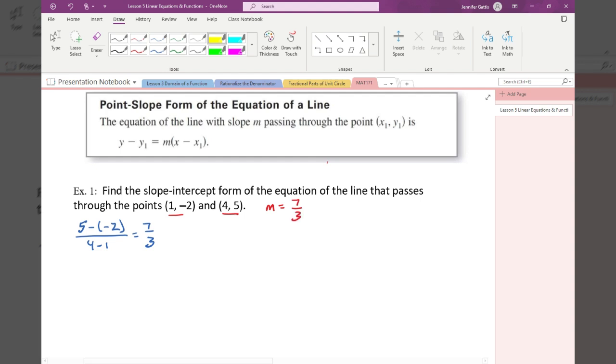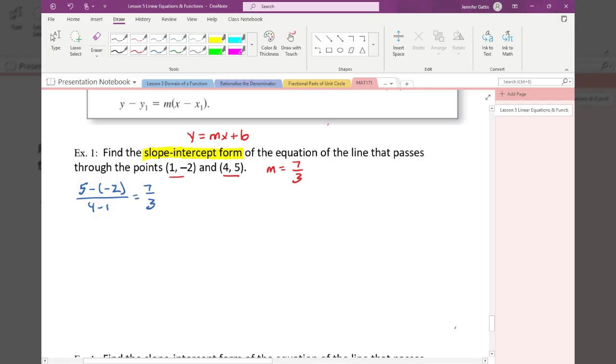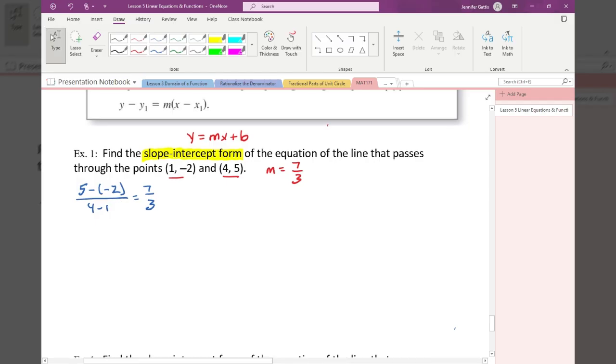And notice this tells us that we want this in slope-intercept form. And recall, the slope-intercept form is y is equal to mx plus b. Okay? So we're going to need to take our point-slope form and manipulate it. And this is where I'm going to show you that it does not matter which way we do this.